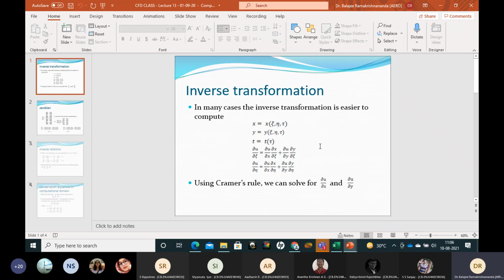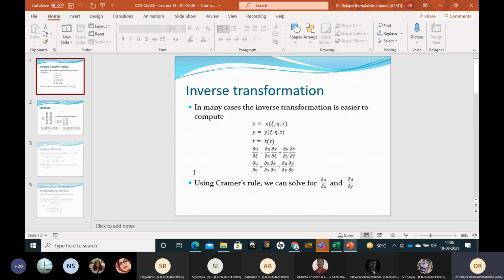So that will be Δx by Δη, or ∂x/∂η. You can find those easily in the physical domain. That is why sometimes it is easier to work with the inverse transformation. Finding ξ and η for a particular x may actually be more difficult.